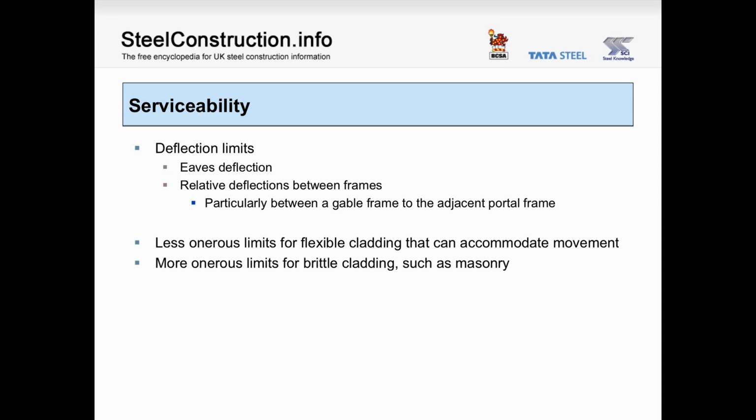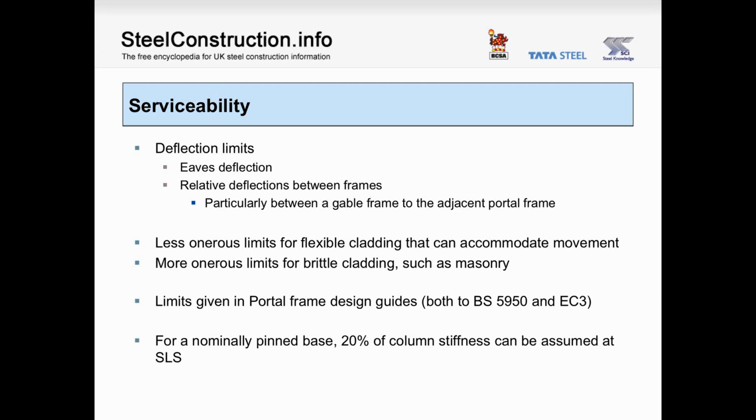The limits depend on the type of cladding, so if we have a flexible cladding, the limits are not so onerous. If we have a cladding which is relatively brittle and therefore may crack, then the limits are more onerous. There are limits given in the publications for portal frames to both BS 5950 and the Eurocode.